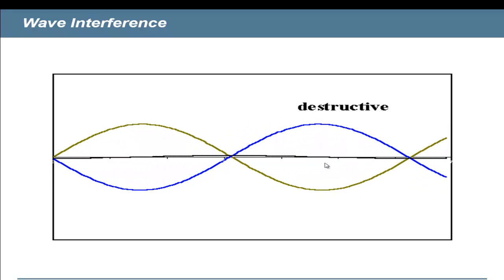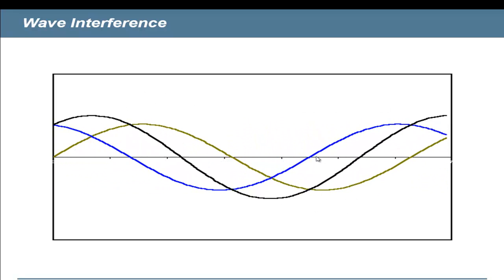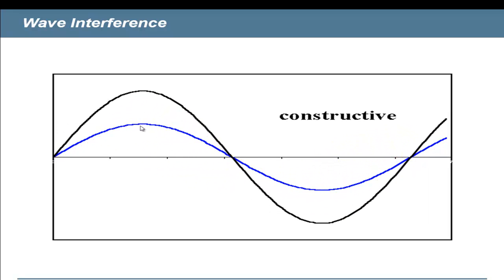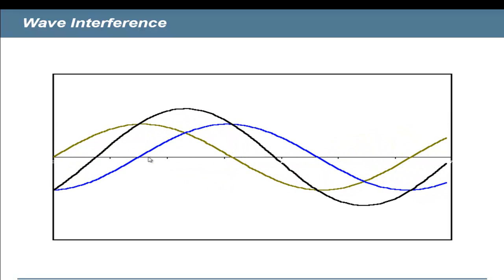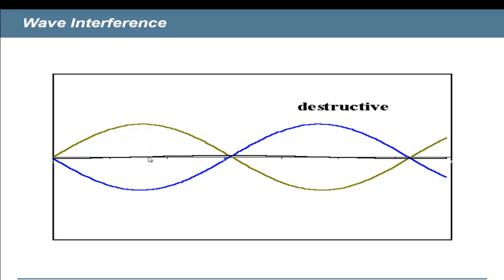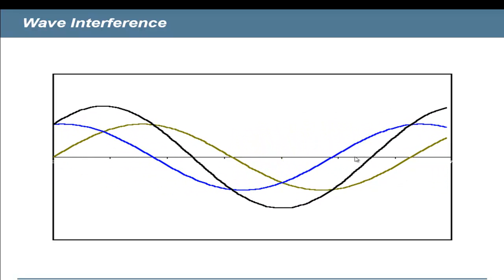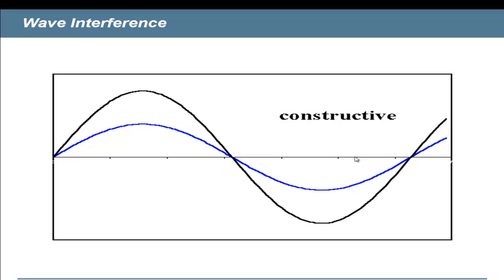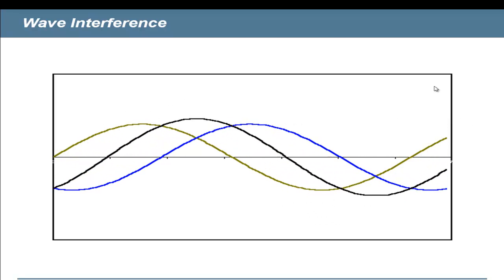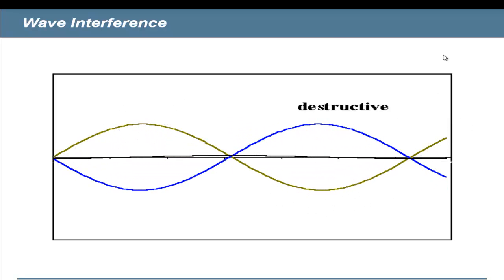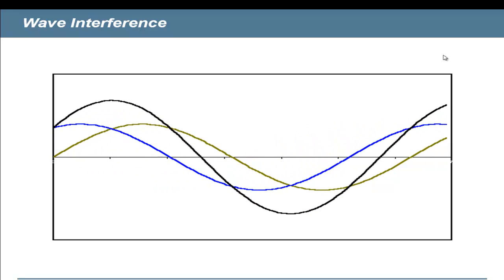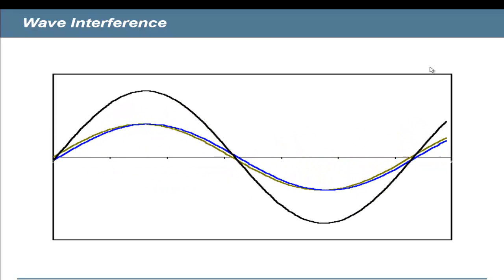Again, destructive interference, the amplitudes cancel; amplitudes add here for constructive interference. Okay, so that's destructive and constructive wave interference.